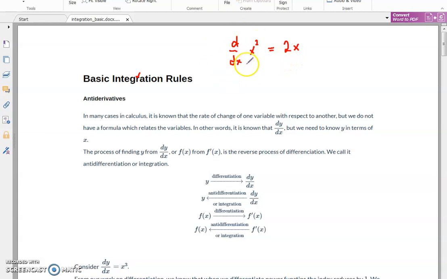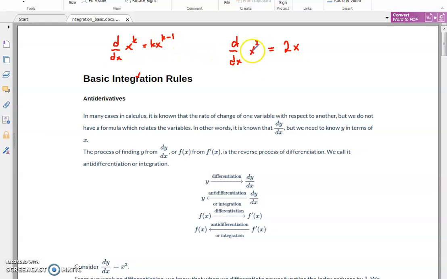You can refer to the videos on differentiation techniques, where if we differentiate x to the power of any constant k, we get kx^(k-1). This is the formula that we discussed in a previous chapter.